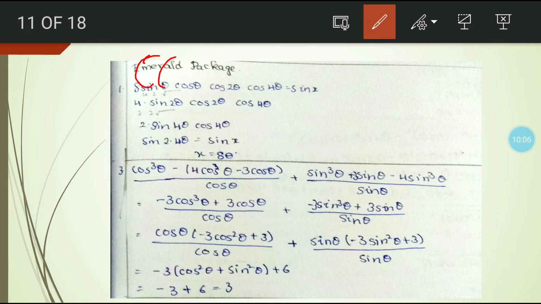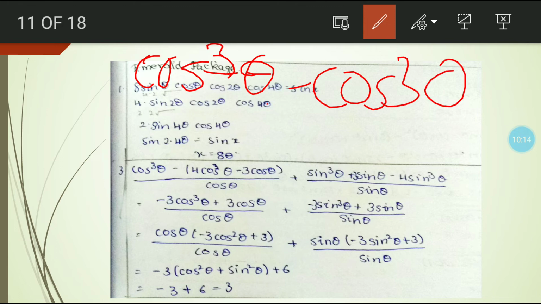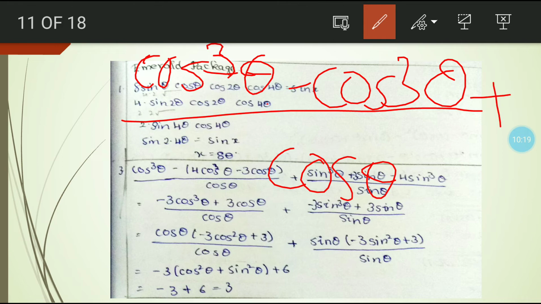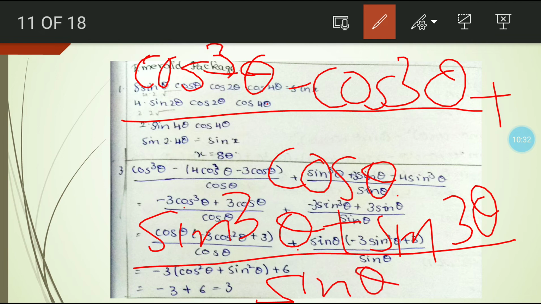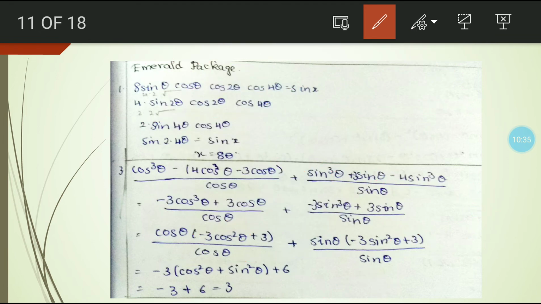The question I am writing for third question here, cos 3 cube minus cos 3 divided by cos theta plus, this is continuation, okay, sin 3 cube plus sin 3 theta divided by sin theta. This is the question. Now I will show the solution here. So few questions are same like this, like that only we did here. So it's option A.